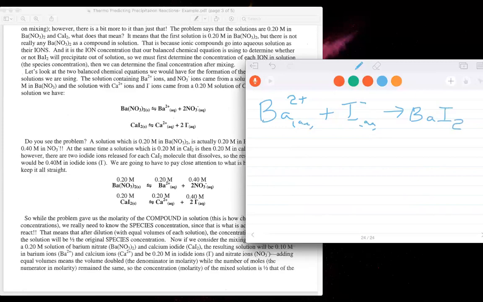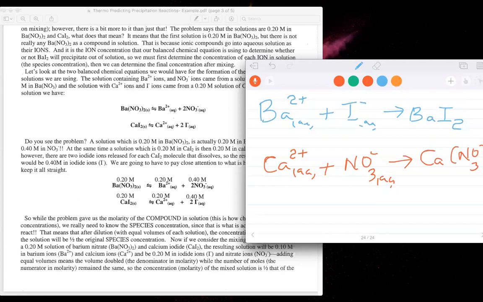And the second reaction: we assume that there is another possible precipitate here, calcium and nitrate, calcium nitrate, aqueous. Will this one be a solid?